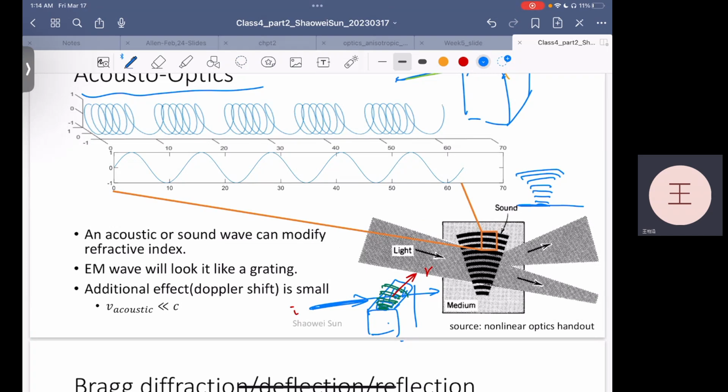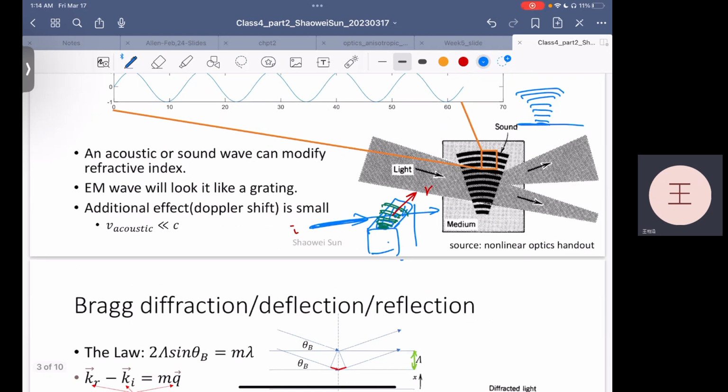And for all the grating effect, for the wave to not experience the loss, we hope the path difference to be an integer multiple of the wavelength. And also you need to take the momentum and energy conservation into consideration, where quantum physics takes a little place, especially about the phonon.